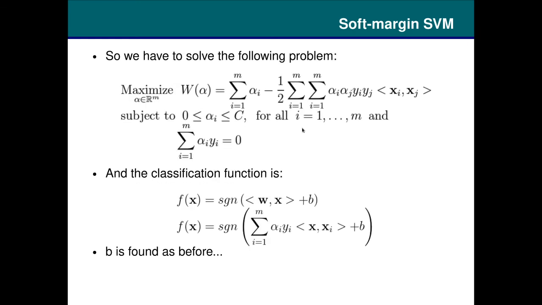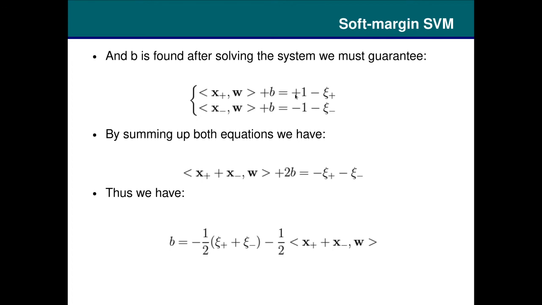You know what? Now we have our problem formulated in its dual form. Here is, of course, the way we're going to apply our classification function as before. And B is found actually as before. It is minus half of the closest positive and negative elements summed up, dot product by W plus B. It is in here, exactly what I had.